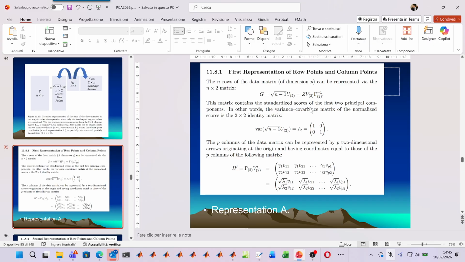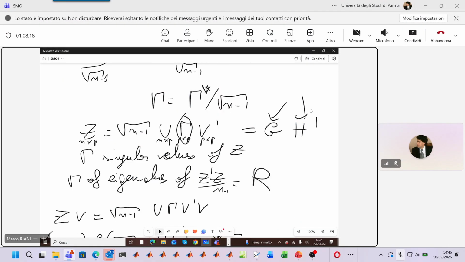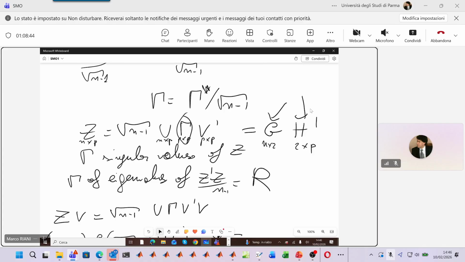Therefore, gamma, which is inside here, goes inside G or goes inside H. I put what is in between in matrix G or in matrix H, because I write the singular value decomposition as the product of two matrices. Something which represents the rows and the other one which represents the columns. So in two dimensions, they are n times 2 and 2 times p. Therefore, n points in two dimensions, the scores, and then these are the arrows from the origin.